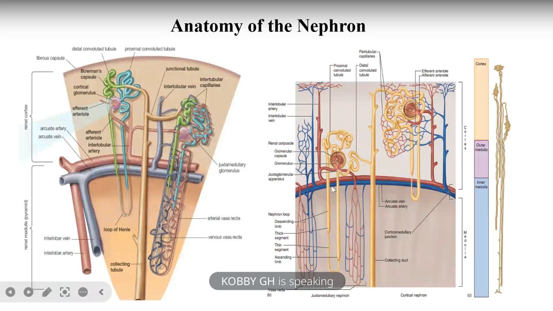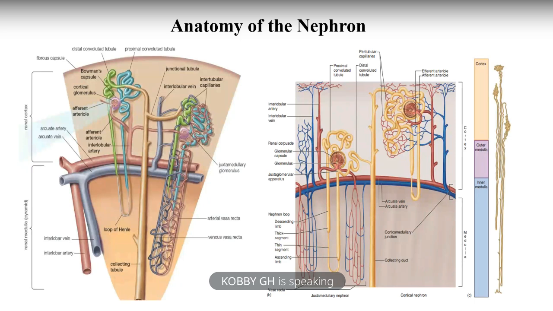And you see they have a very long loop of Henle. Unlike the cortical nephrons, their loop of Henle is very long. These nephrons constitute 15% of all nephrons in the kidney.